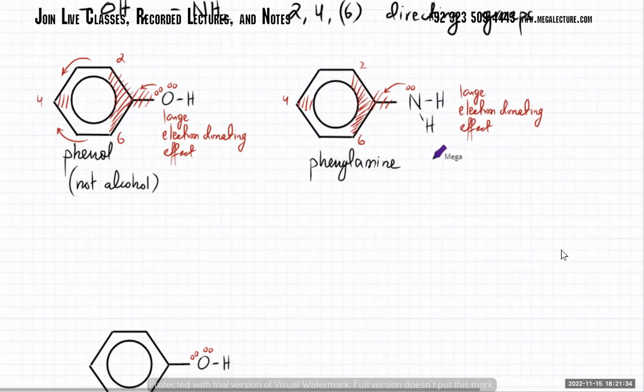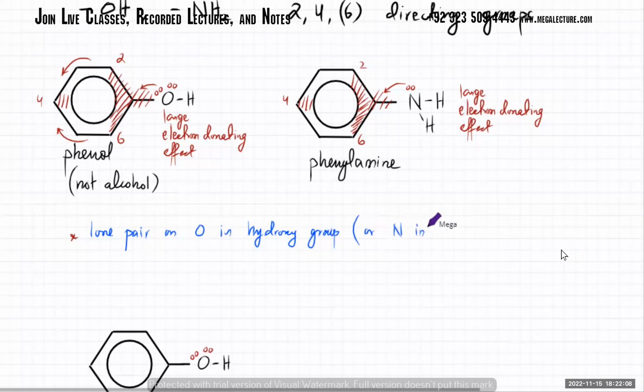ठीक है, तो और ये लिख भी देते हैं नीचे क्या हो रहा है कि so what happens is कि lone pairs overlap. तो lone pairs on oxygen in hydroxy group या फिर और N in NH2. अच्छा, they overlap with the pi electron cloud and significantly increase its electron density.